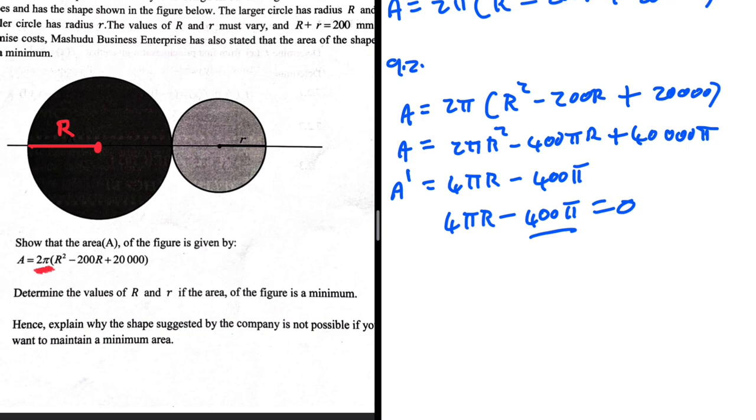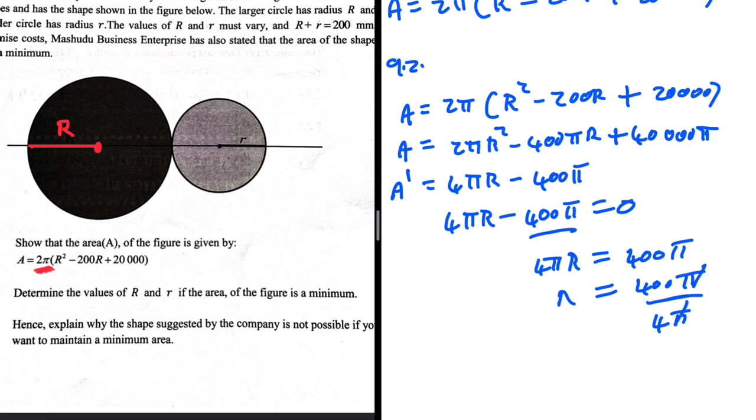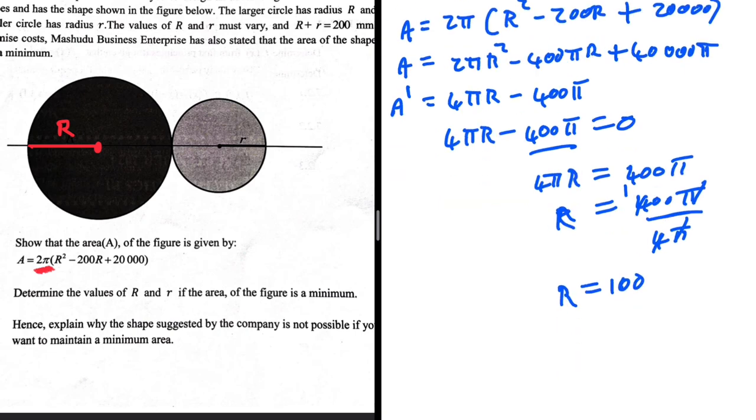Well, we can take 4 as a common factor, but it's okay. Let's just take 400 pi to the right hand side, of which it is going to be positive because it was negative. So R will be equal to 400 pi divided by 4 pi. Pi and pi cancel out. 4 divided by 4 is 1. So R is equal to 100.